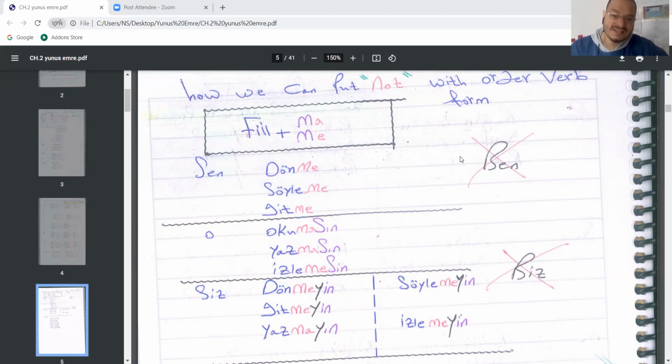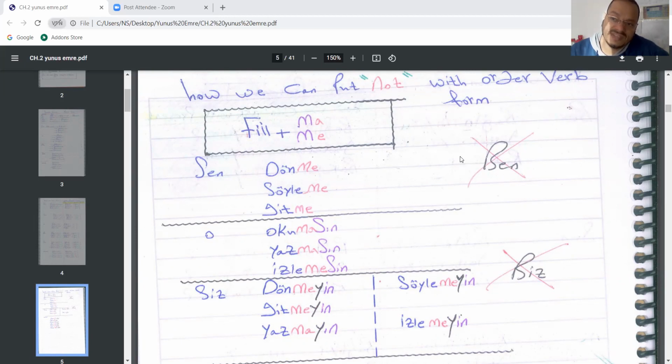Now, for saying it, I will use the normal situation. I just delete mak or mek from the simple verb, and after that directly say it without any adds. For example, dönmek with sen, with you, will be dön. Söylemek directly will be söyle, say it.